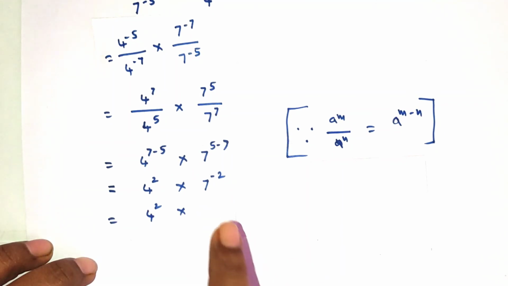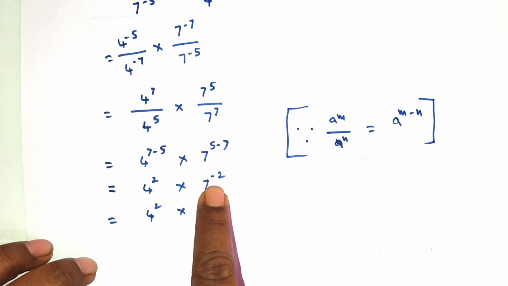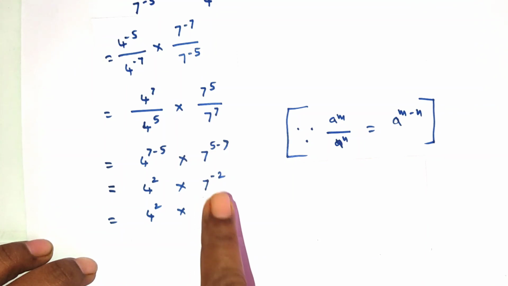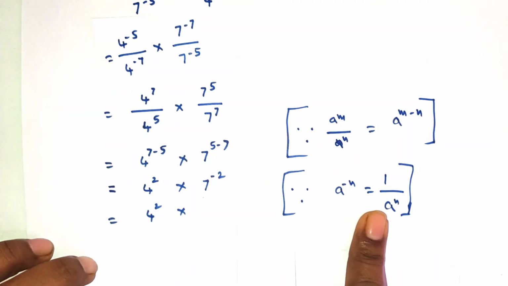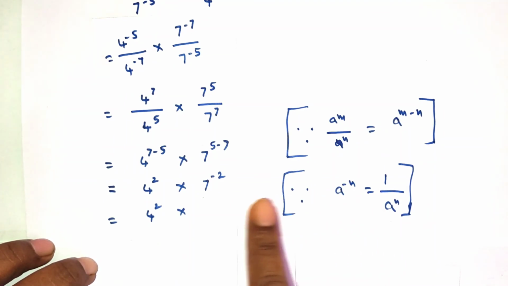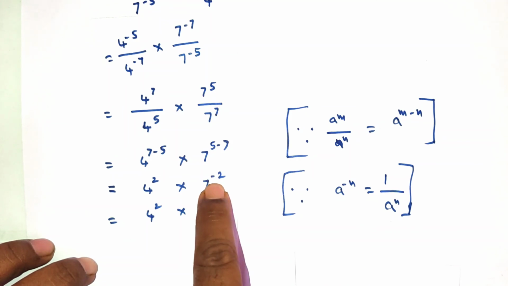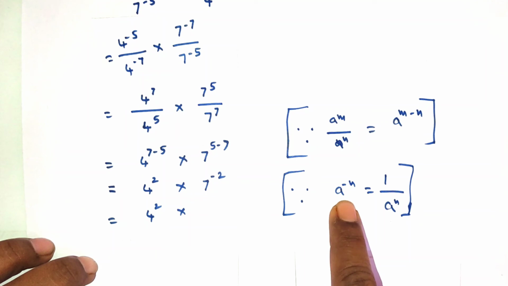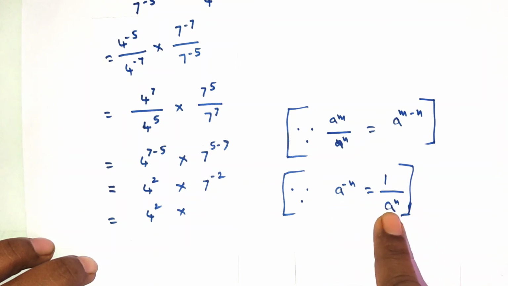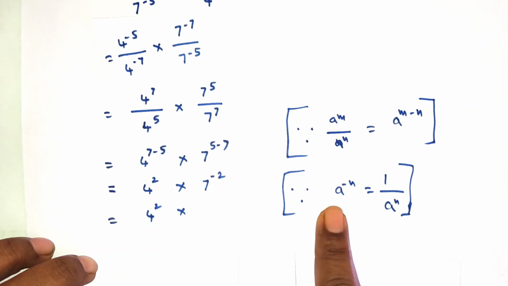When we get a minus exponent like this, we have to apply a law of exponents. This is the law of exponents we have to use when we get a minus exponent like this. The law of exponents is a to the power of minus n is equal to 1 by a to the power of n. Let us apply this law of exponents in this case.